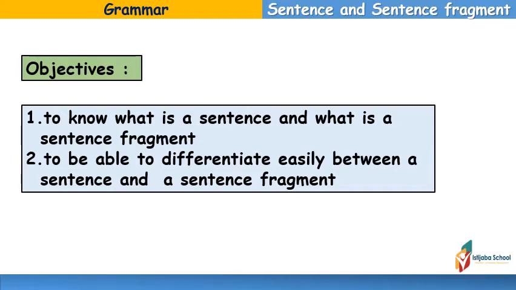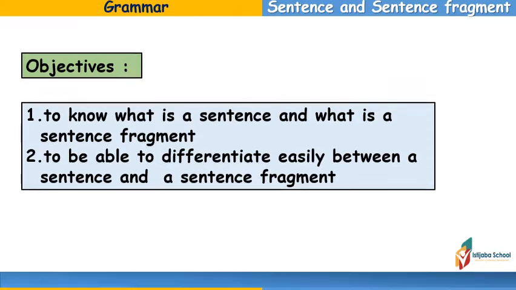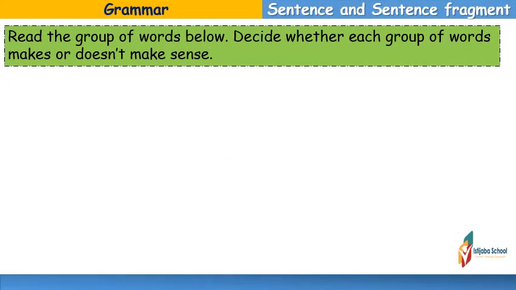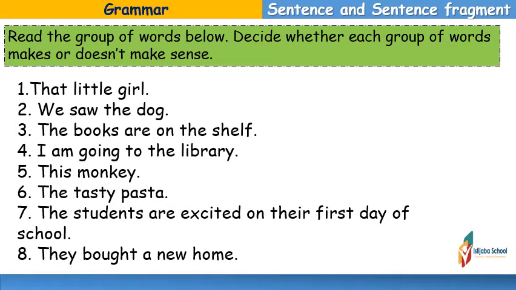To know what is a sentence and what is a sentence fragment, to be able to differentiate easily between a sentence and a sentence fragment. At first, I'm gonna read the groups of words and then we have to decide whether each group of words makes sense or doesn't make sense.